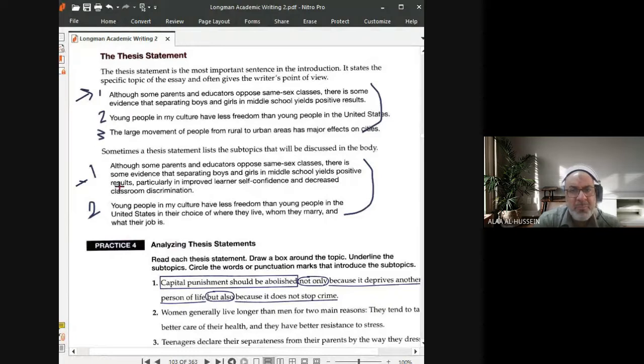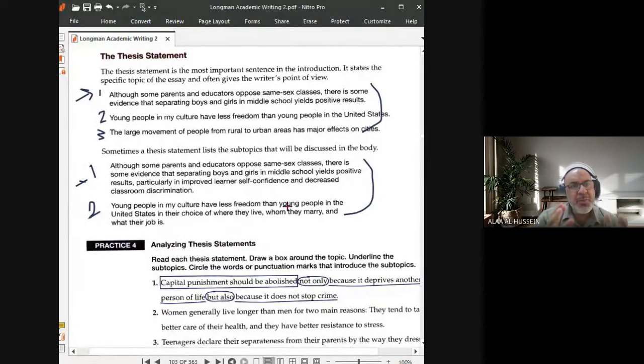The same sentence in the second group: Although some parents and educators oppose same-sex classes, there is some evidence that separating boys and girls in middle school yields positive results, particularly in improved learner self-confidence and decreased classroom discrimination. So there's something additional in the second group, something added.